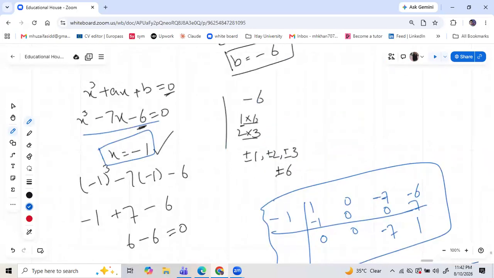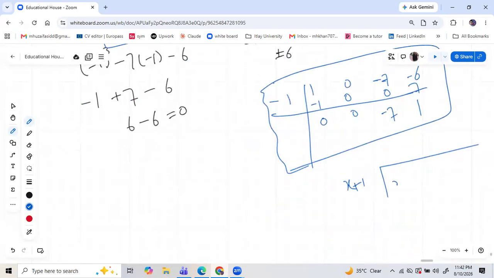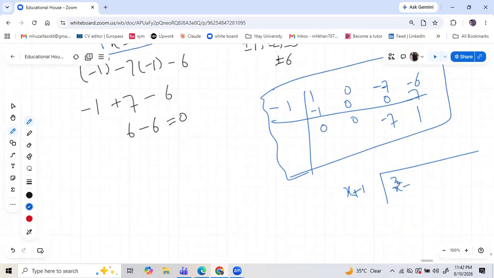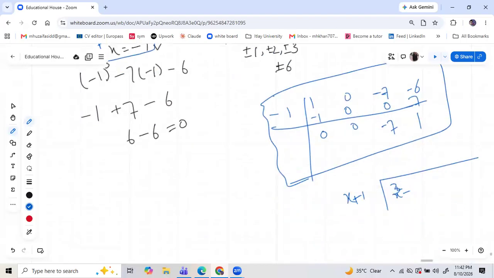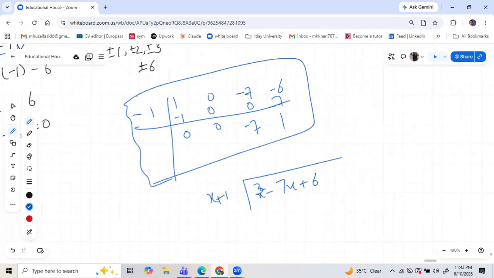Our equation is x cubed minus 7x plus 6. So we are dividing by x.